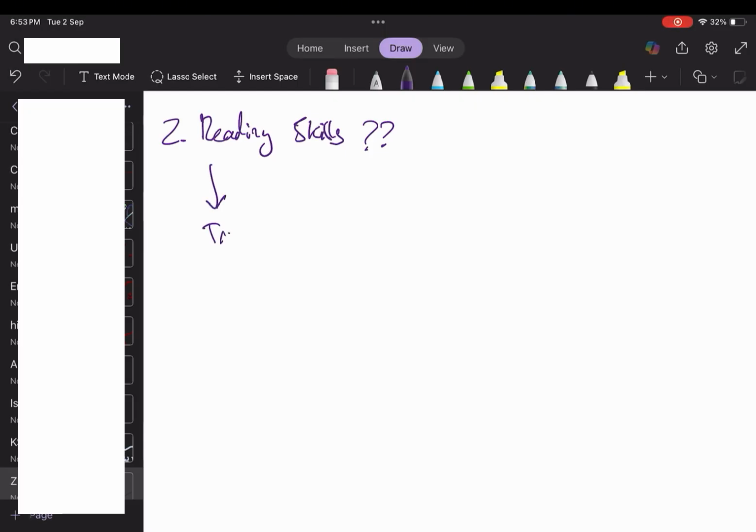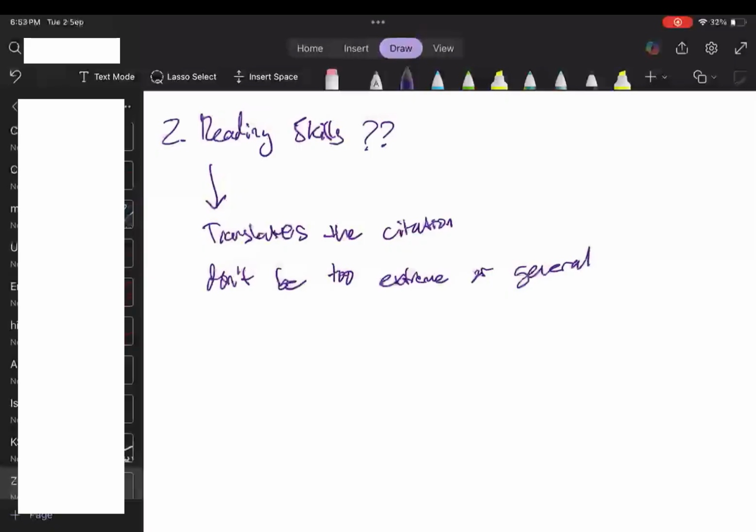What you should look for, always, is what translates the citation, and don't be too extreme or general while judging the choices.